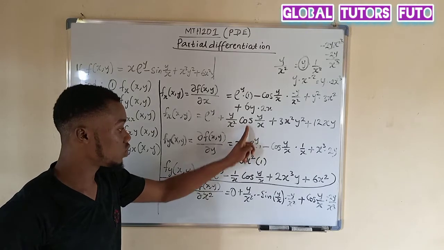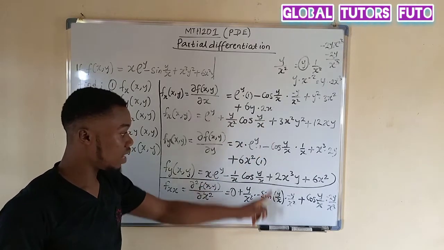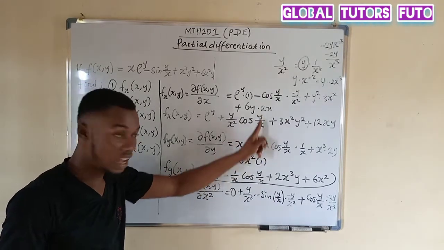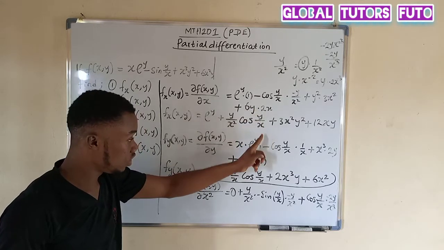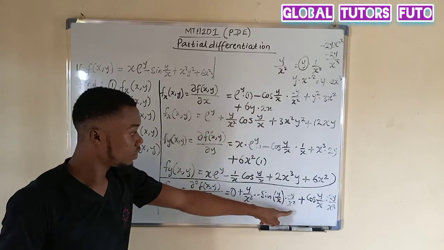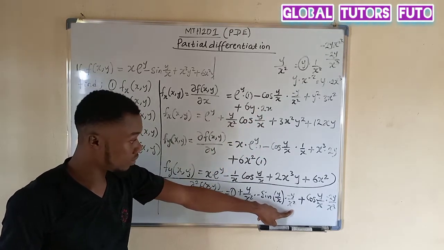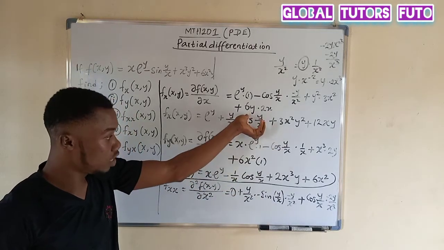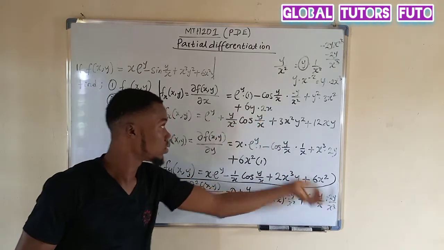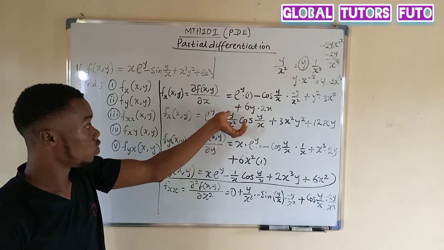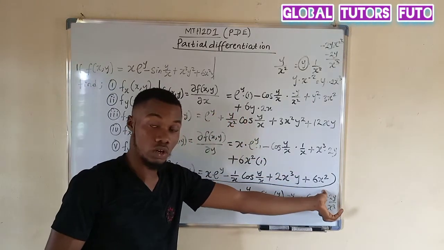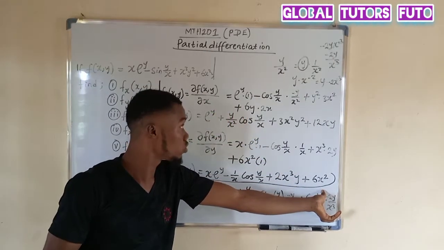So once I differentiate cos, I get negative sine with the angle. So next, differentiate the angle y over x. Once you differentiate y over x, this is what you end up obtaining. Then keep this constant, then work on this. Once you work on this, this is what you're going to obtain. Don't forget the rules of product rule.